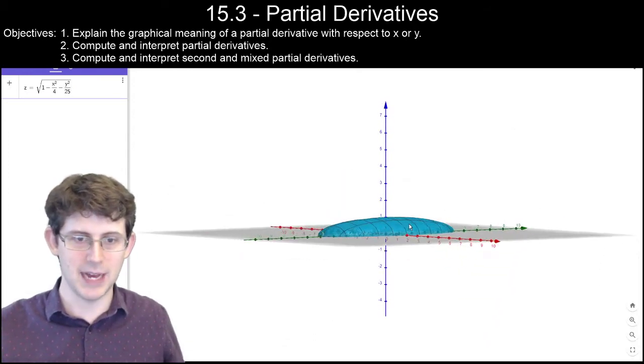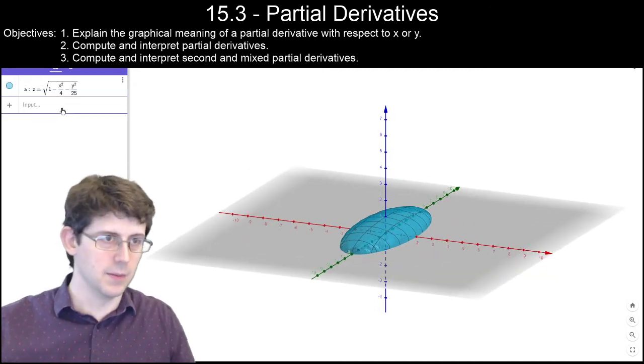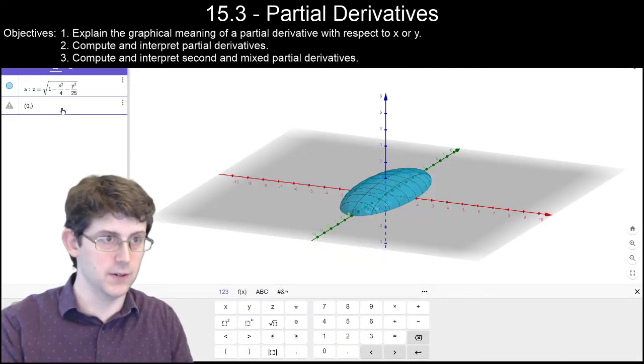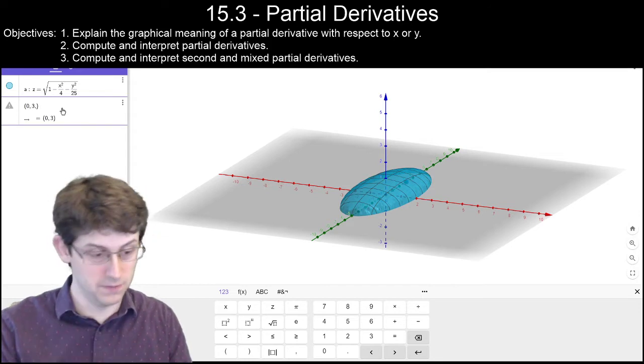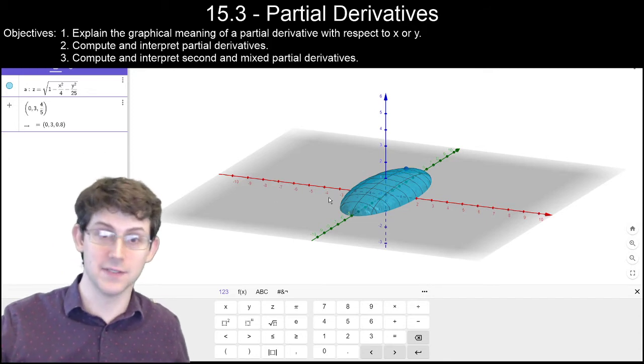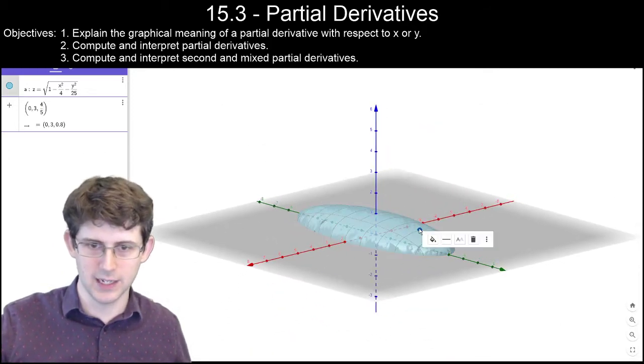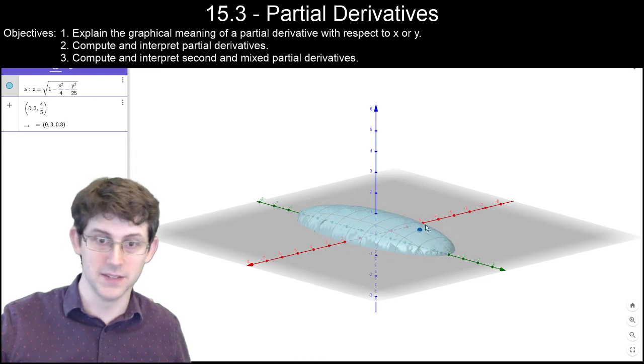So here's the top half of an ellipsoid. If we go look at the point, which was 0, 3, 4/5. 4/5 was h of 0, 3 that we calculated at the end there. You can see there's a point on the surface.